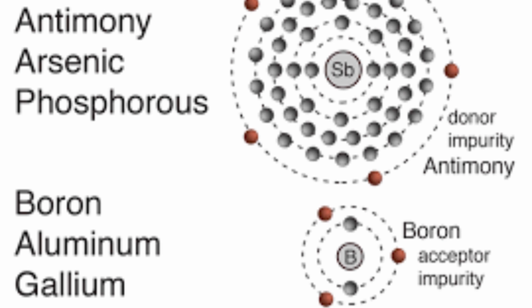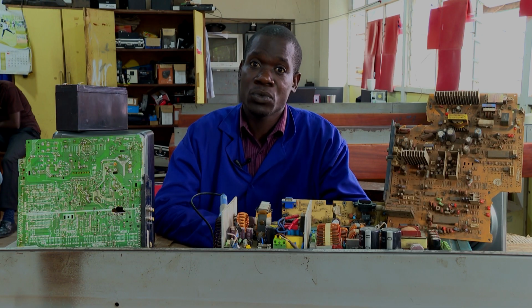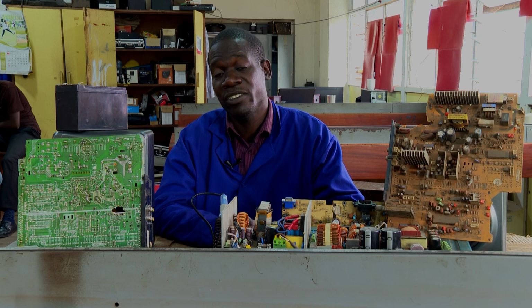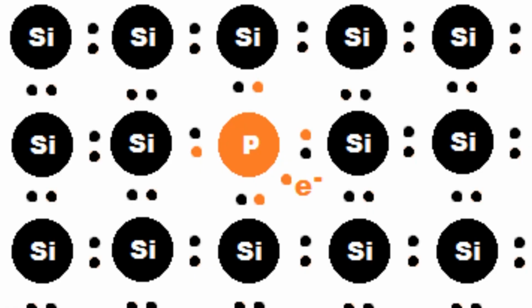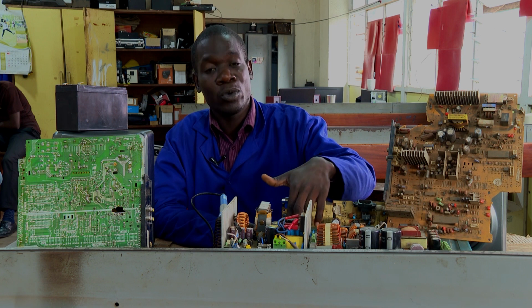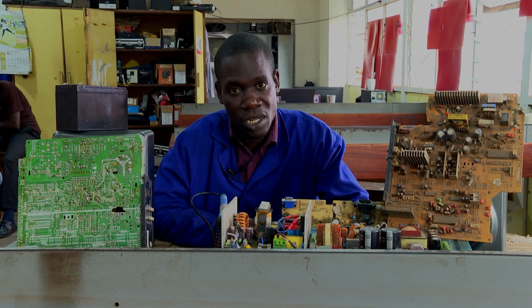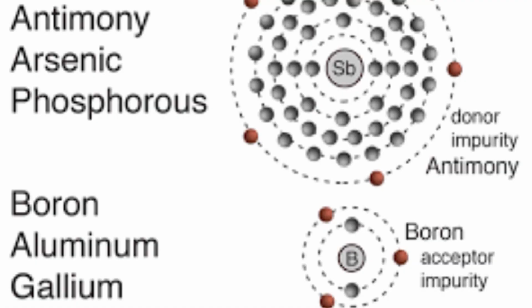But what you have to know is that silicon only has four pairs of electrons. So for you to add more electrons, you use phosphorus, and then we shall have more electrons moving freely in our silicon.